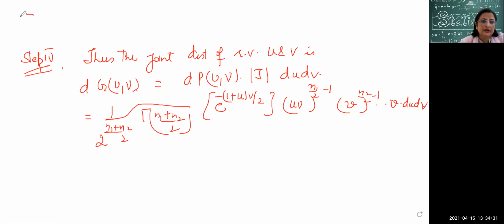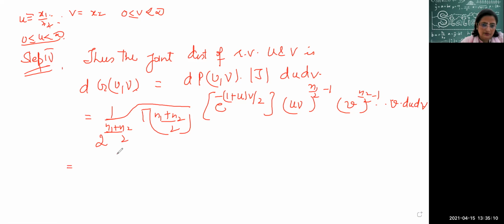As x1... now see, u is equal to x1 by x2, and v we have taken as x2. So x2 is lying between 0 to infinity, which means v is also lying between 0 to infinity. Then same here, when x1 approaches 0, u also approaches 0. When x2 approaches 0, u tends to infinity. And if x2 approaches infinity, u tends to 0. It means the limits of u will be 0 to infinity.